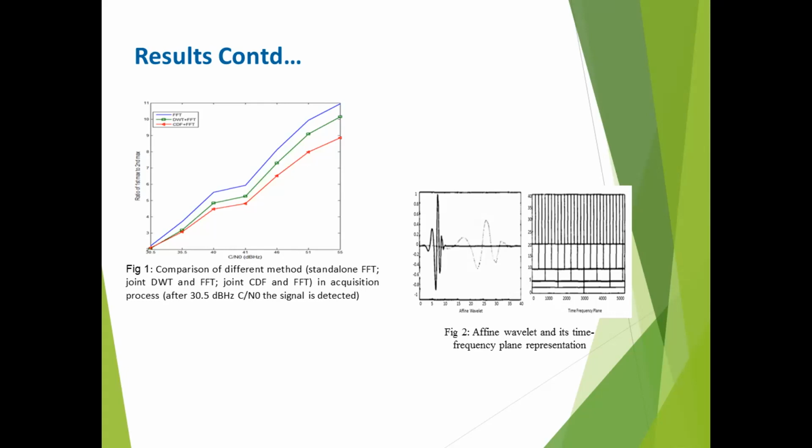Here we have the affine wavelet and its frequency representation. We did the CDF wavelet, the normal Haar-based discrete wavelet, and the normal one. We can see that the ratio of the first peak to the second peak is actually lowering. Why?